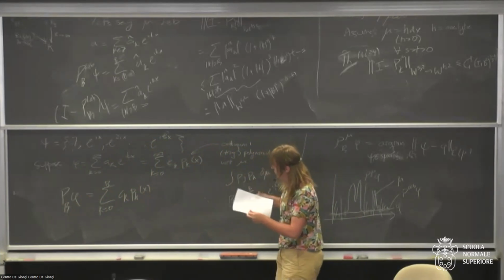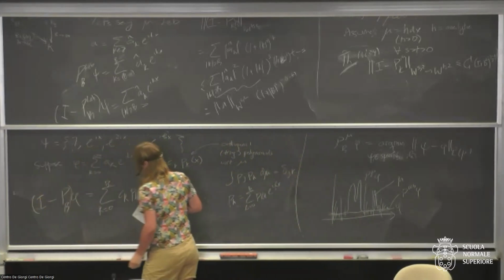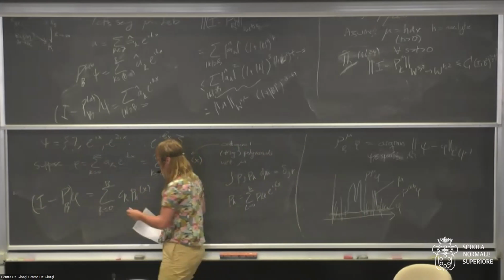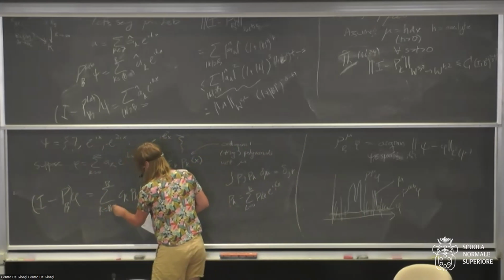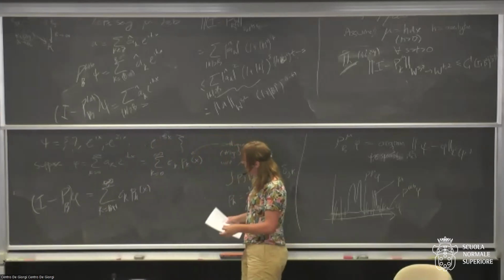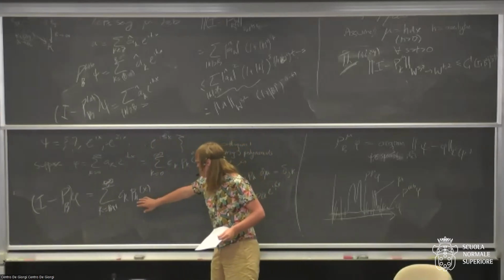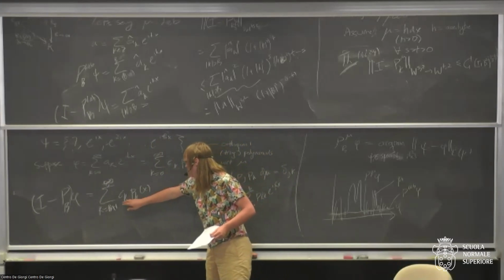And then, if you want to understand the identity minus the projection, which is the error of the projection, you're interested in whether these guys are small. So it's really a question of what is the Sobolev norm of these guys and how do these relate to those?